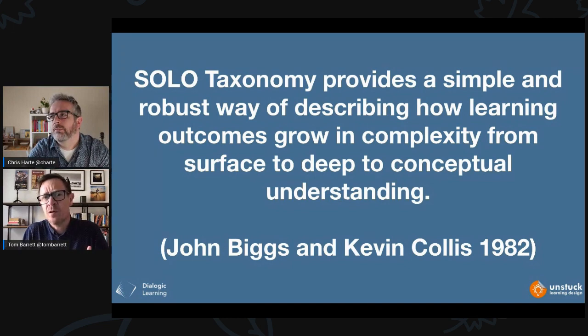So they're talking about both something that has simplicity, but also robustness, which is a great combination, a way of describing learning. So that's a crucial thing. Again, it's being able to give us some identifiers, a way to classify. And it's the last part of this that we're drawn to, this idea that learning outcomes grow in complexity.